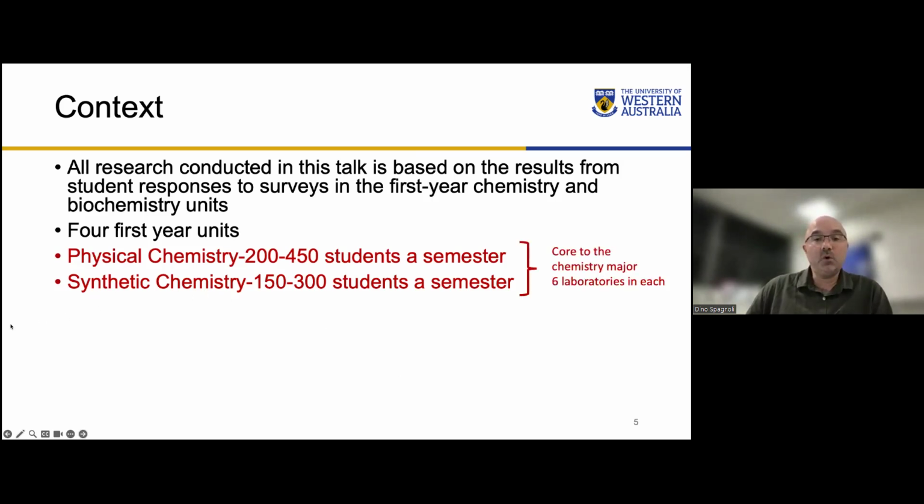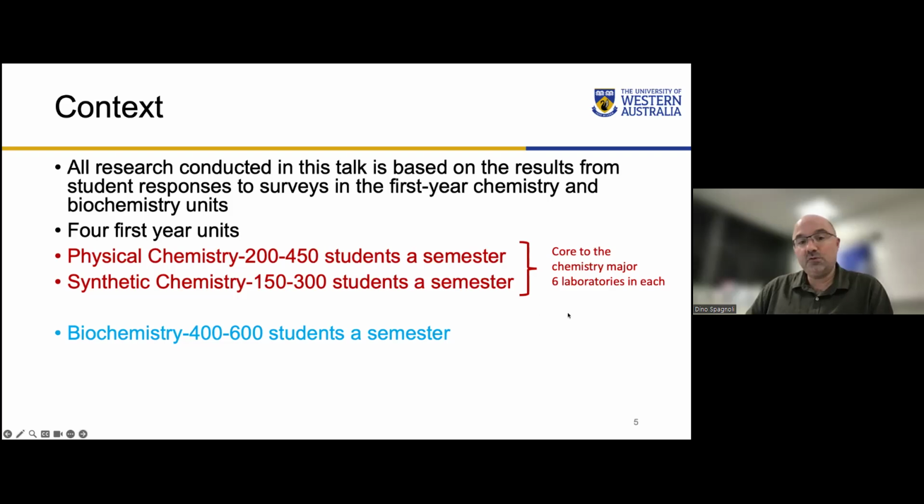These are the core units in our chemistry major, and the number of students in each unit each semester is quite large. They can range between 200 and 400, or 150 and 300, depending on the flavor of the units. Our biochemistry unit has about 400 to 600 students each semester, and this is core in the biochemistry major.